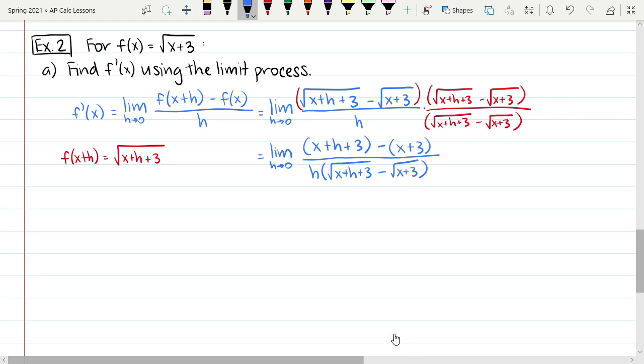All right, so now in the numerator, notice that I'm going to have an x minus an x, so those are going to cancel out. I'm going to have a 3 minus a 3, so those are also going to cancel out. So all I'm left with right now in the numerator is that h.